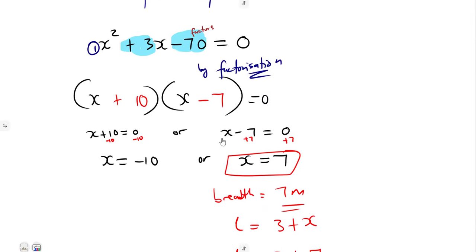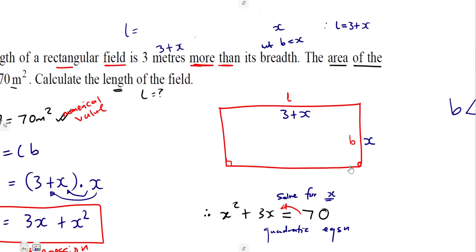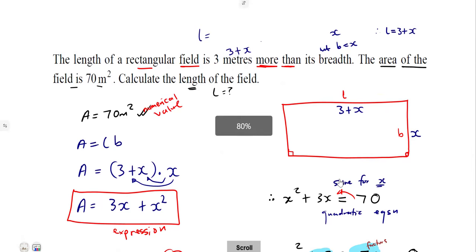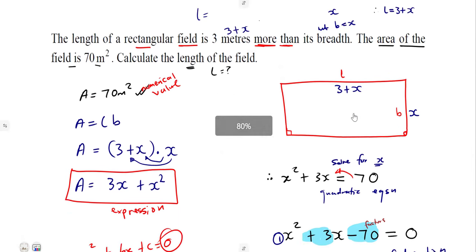So if you take this, it must exactly match what you're given. Remember, they said the area is 70. The length is 10. The breadth, we say the breadth is 7. So 10 times 7 is 70. Area, length times breadth, 10 times 7. You can see that it is exactly what you're given. So it must also make sense with the question that you're given.